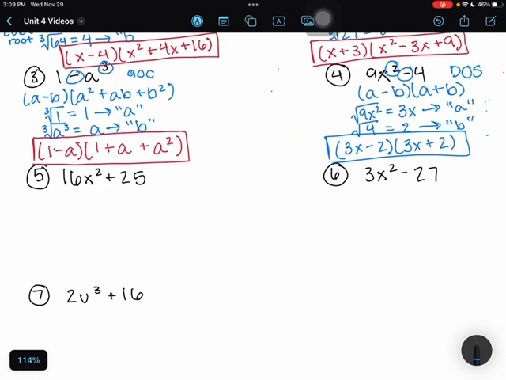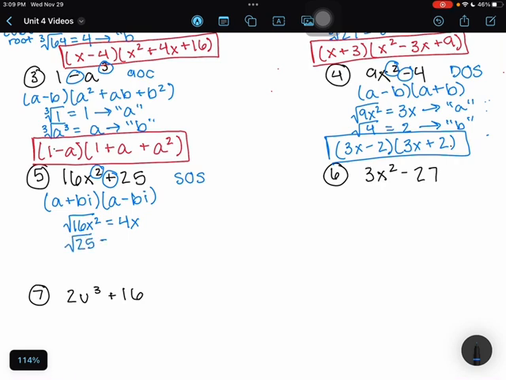This next one, I notice I have a square and a plus, so I'm going to do the sum of squares. So that's going to be a plus bi, a minus bi. I've got to find my a and my b now. So take the square root of 16x squared, which is 4x.